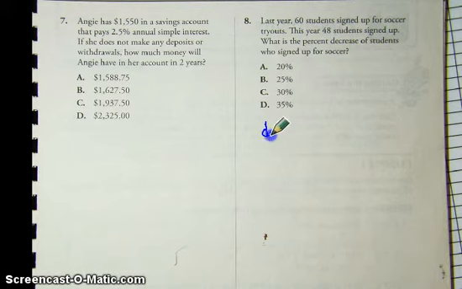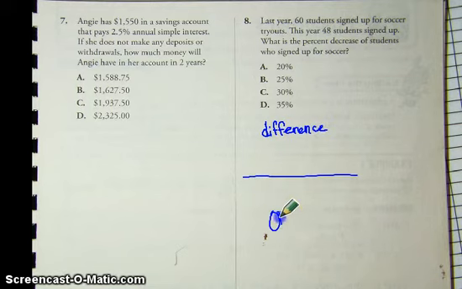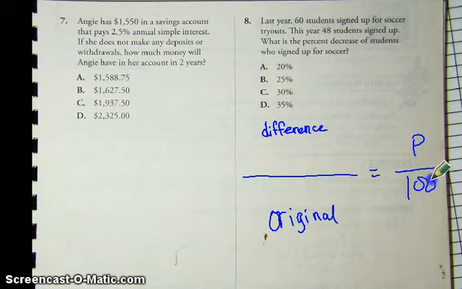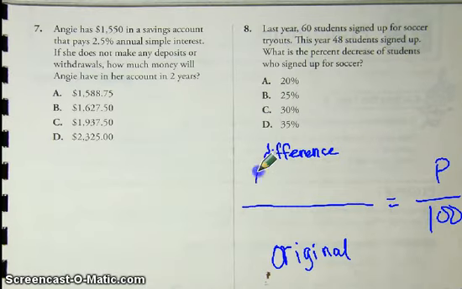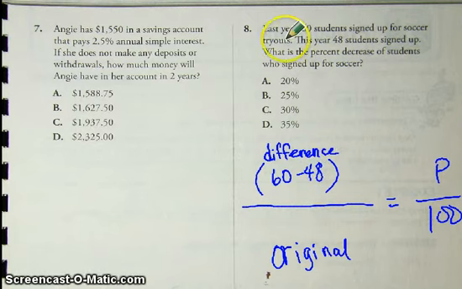It's going to be the difference over the original equals percent over 100. And then the original was last year, 60. So that's the original.